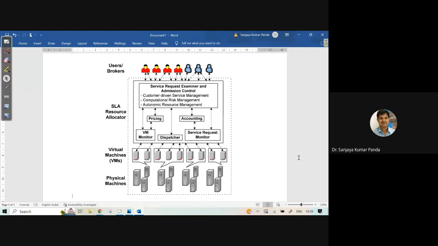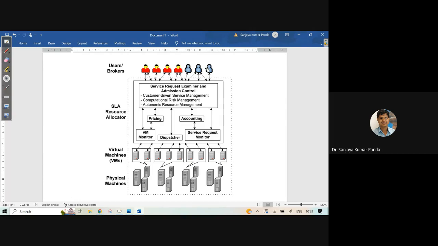The first layer you can consider is user and broker. You can see there are different colored icons, right? The first 4 are the user and the next 3 are the broker. The difference between user and broker is that the broker acts on behalf of the user, submitting the user request.